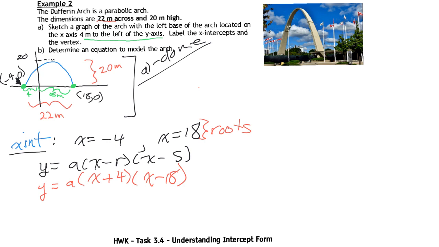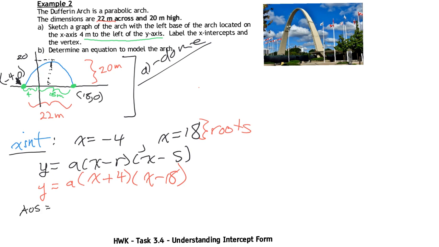But we need to find the x value that's exactly halfway between negative 4 and 18. Here's how we find that. We know of a certain property called the axis of symmetry.